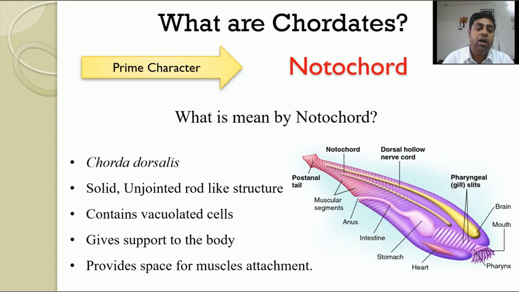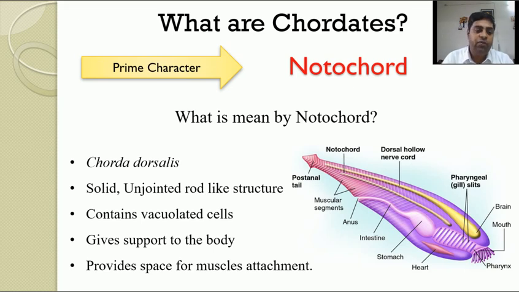So this chorda dorsalis, so called a notochord, lies in between the dorsal nerve cord and the ventral gut region. Here in this diagram you can see the dorsal tubular nerve cord is located at the dorsal side, and the notochord just lies beneath that dorsal nerve cord, and at the ventral side you will be able to find the gut, that is the digestive system.